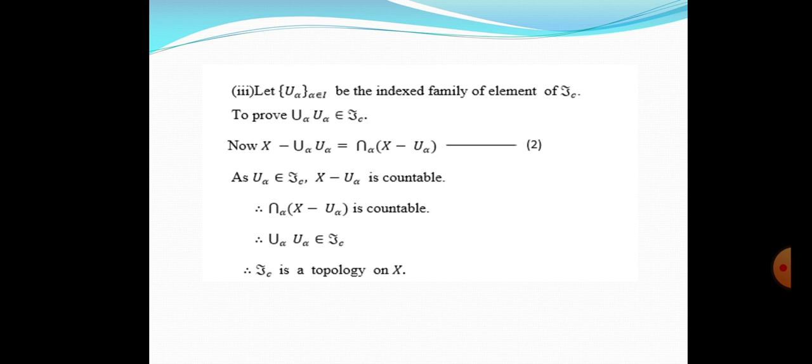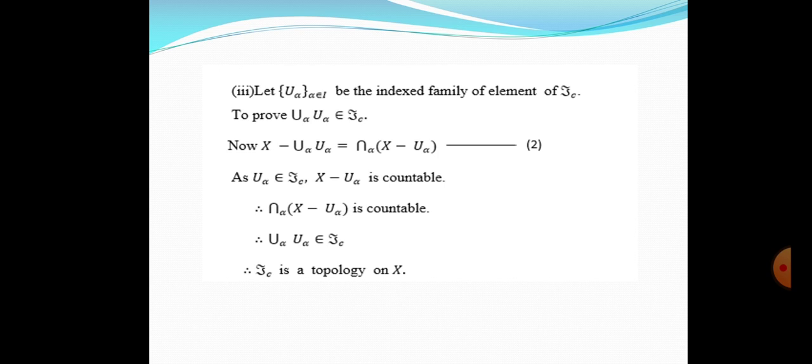To prove that the union of u_alpha belongs to tau c. Now x minus, you have to subtract the whole set: x minus the union of u_alpha equals the intersection of x minus u_alpha. That is equation number 2.